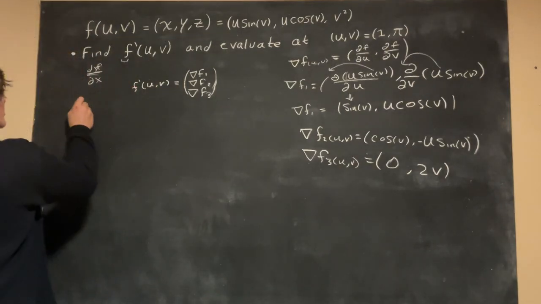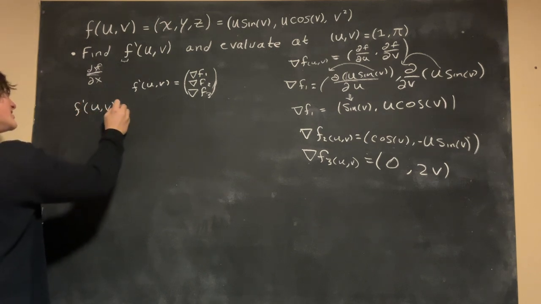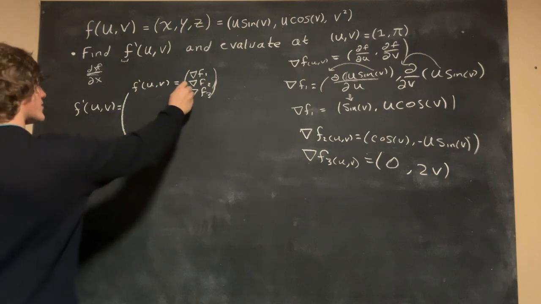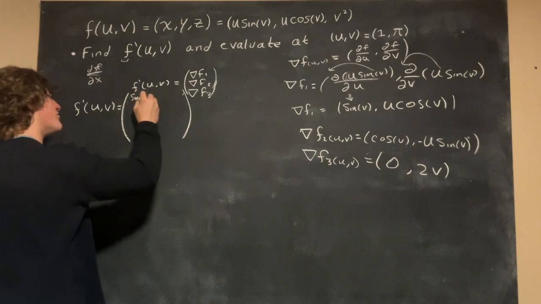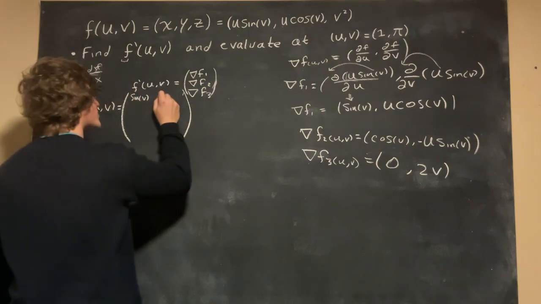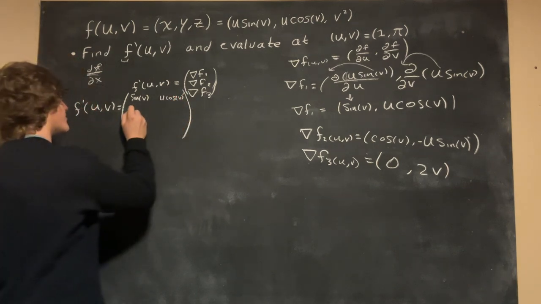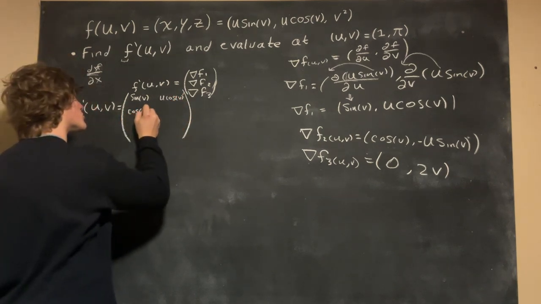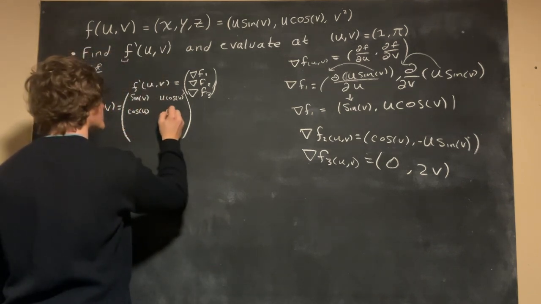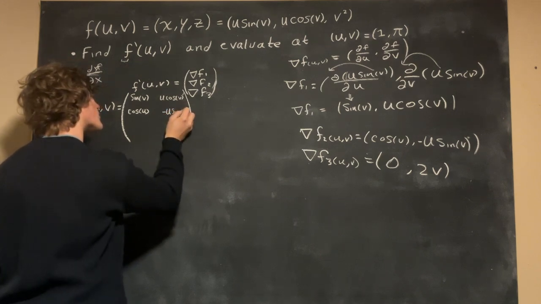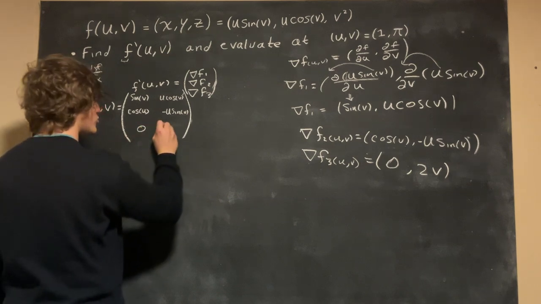And now, let's write out our derivative. So f prime of u comma v is equal to this big matrix, which would be sine of v, u cosine v, then it would be cosine of u, then it would be negative u sine of v, then it would be 0 right here, and then 2v.